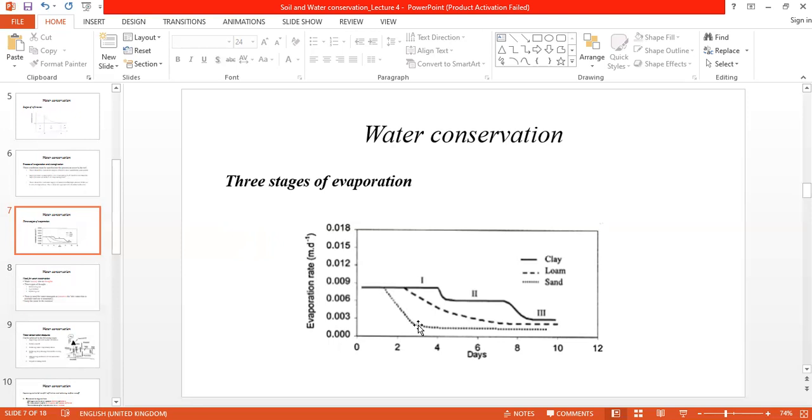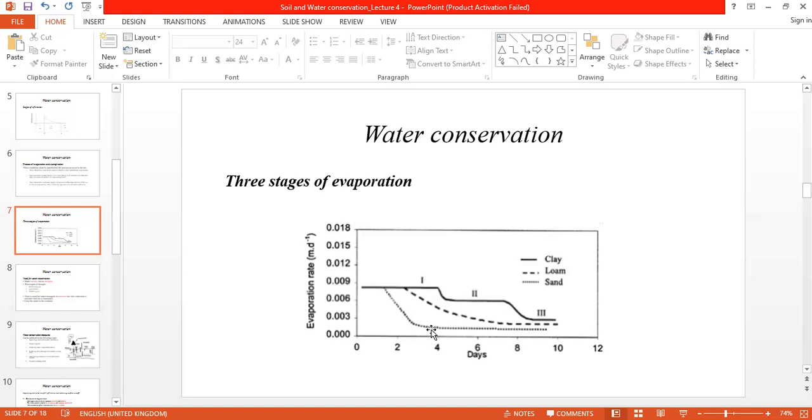When it starts to evaporate, we said that water is also held on the soil particles. In the clay soil, because the pores and the particles of clay are smaller, it has a higher surface area. In short, in a clay soil, more water is held on the soil particles than in the sand.